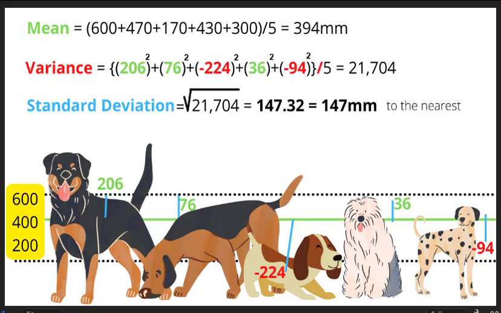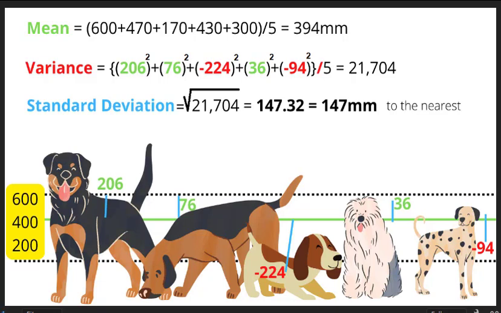It's simple: variance is nothing more than how far the observations are from the mean, squared, added up and divided by the number of observations. As I said, we don't need to calculate all these things by hand every day; this is just for a better understanding of the concepts. So the standard deviation is 147.32.